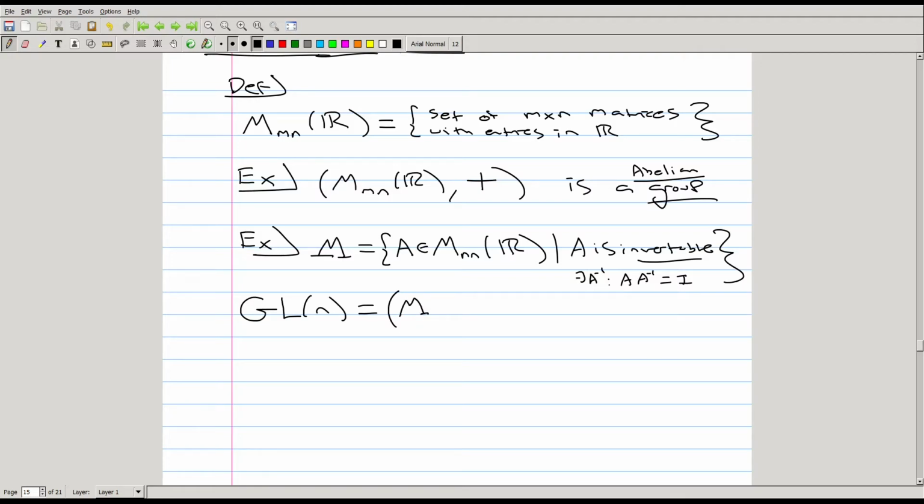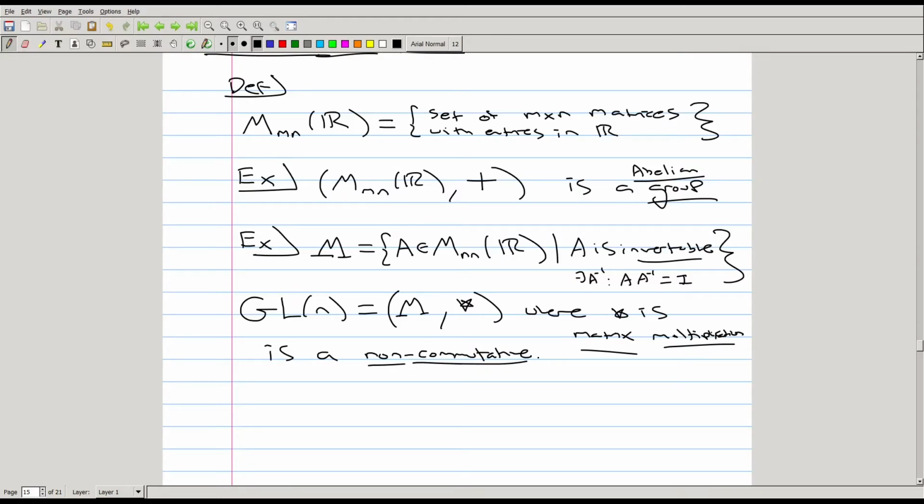This is the set M combined with the matrix multiplication. The operation here is matrix multiplication. So this is the group operation for this group, but GL_n is a non-commutative or non-abelian group.